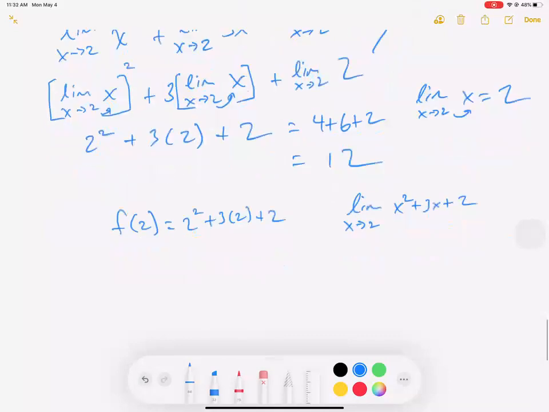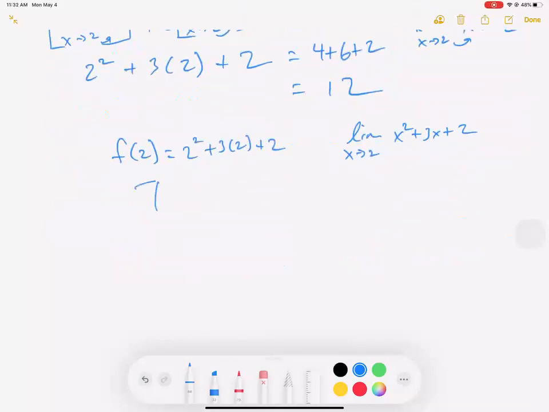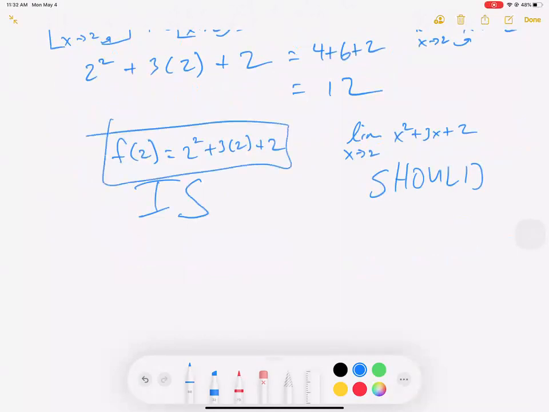Remember, limits and functions are slightly different. Functions say, what is it? What would it be when I see 2? Limits say, what should it have been? And oftentimes, yes, they are the same exact answer. They're exactly what they're supposed to be.